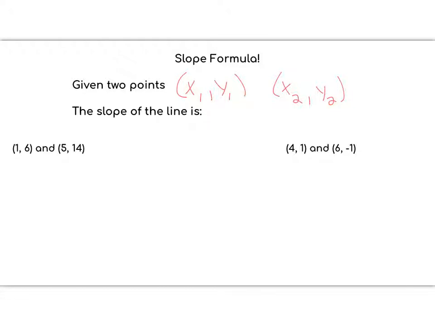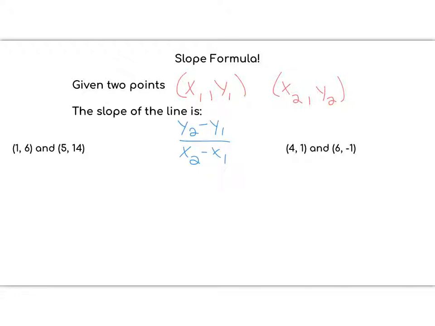Well, difference is subtraction, so my slope formula is y sub 2 minus y sub 1 over x sub 2 minus x sub 1. That is your fancy formula for slope. We're doing this y-coordinate minus this y-coordinate, that's the change in the y's, and this x-coordinate minus this x-coordinate, that's the change in the x's.